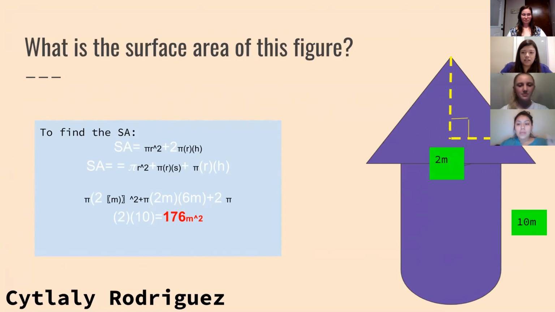So we're going to plug in our numbers that are given to us on the right side, which gives us pi times 2 times r squared plus pi times 2 times 6 meters plus 2 times pi times 2, giving us a total of 176 meters squared for our surface area of this figure. Thank you, Cece.